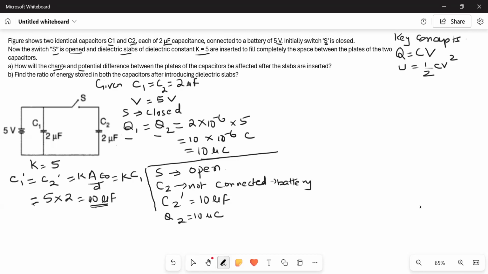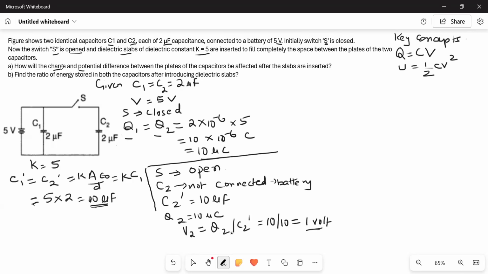So what will happen to the potential now? Potential will be Q2 by C2 dash, that is 10 microcoulomb by 10 microfarad, which becomes equal to 1 volt. So the potential of the second capacitor falls to 1 volt.